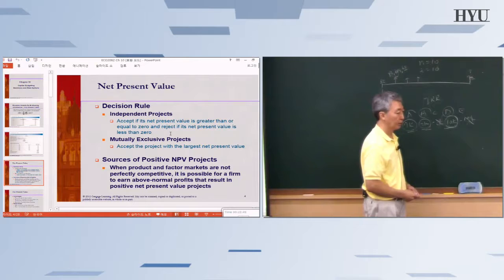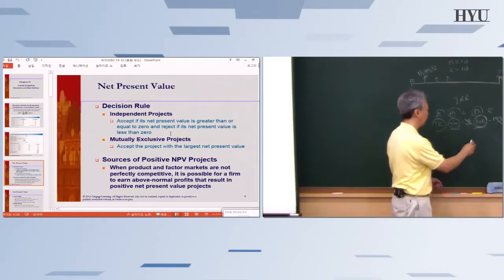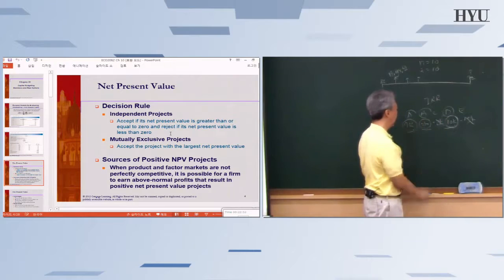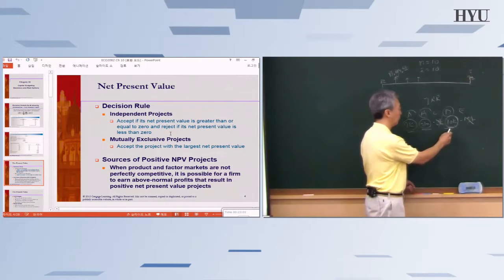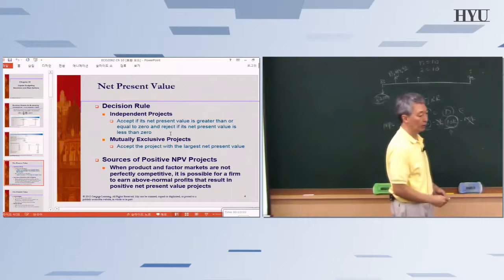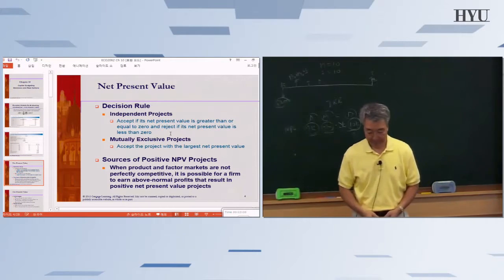Okay, as long as you have sufficient amount of money to invest, right? It could be D and A, right? Or if you don't have enough money to afford D and A, then you should just choose the largest net present value option. Okay. All right.